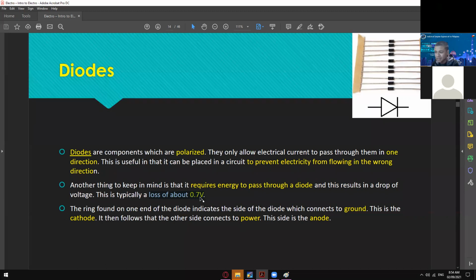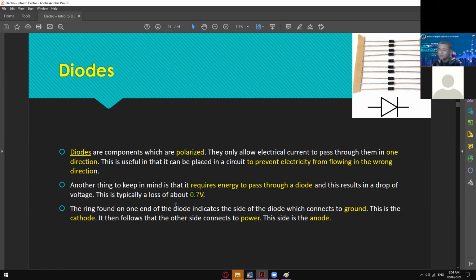For silicon it needs 0.7 volts, and for germanium, the other one, it eats 0.4 volts.